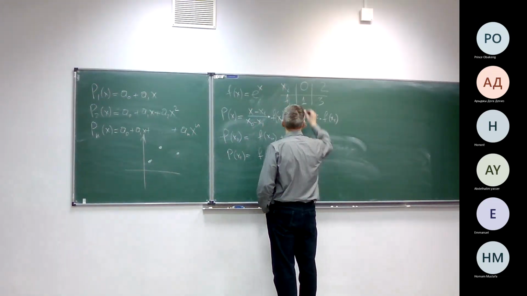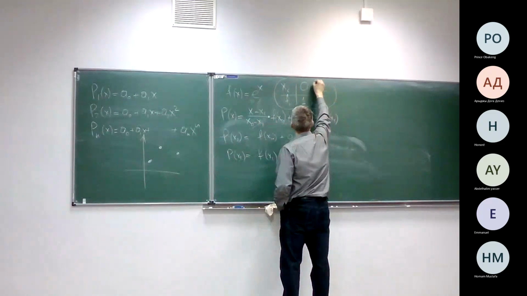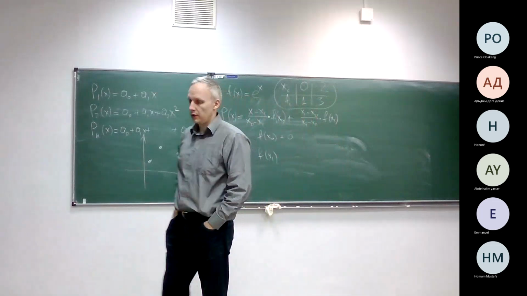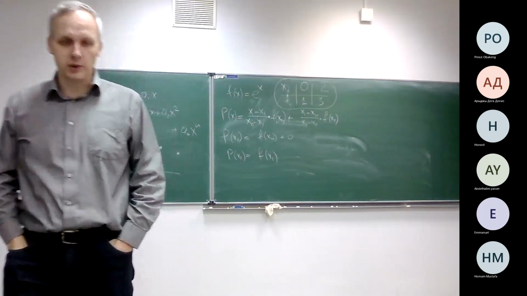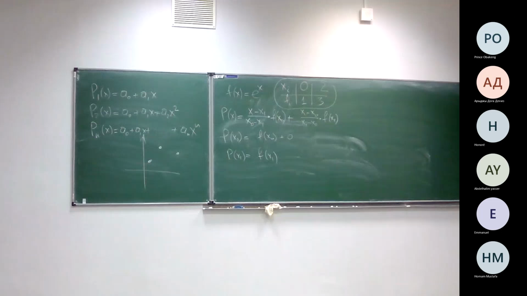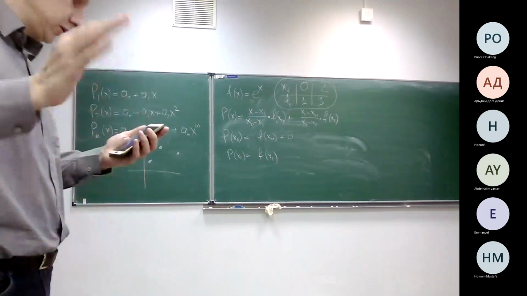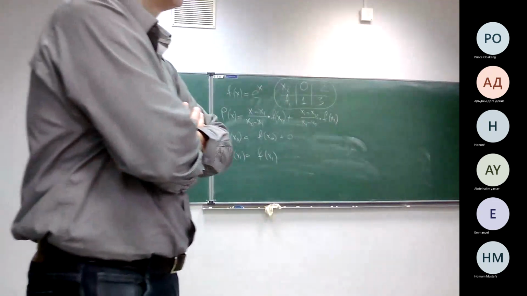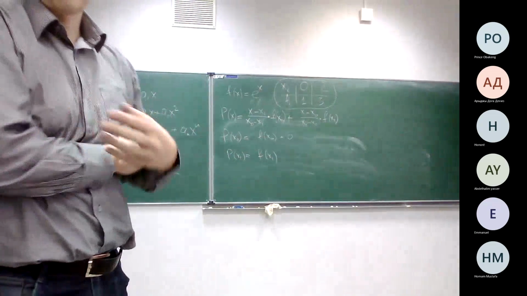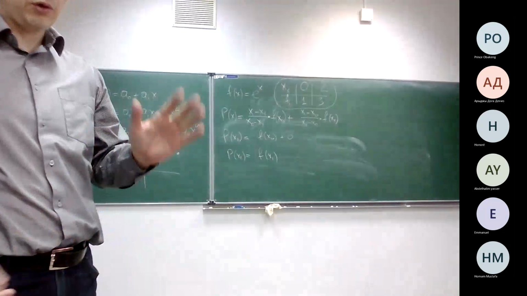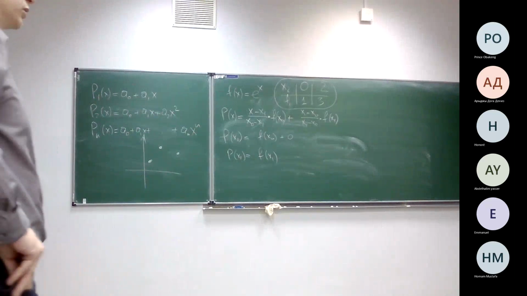Apply this formula and find the interpolating polynomial. Try to do it yourself, and after 10 minutes I will show you the correct solution. You have 10 minutes to solve this problem.